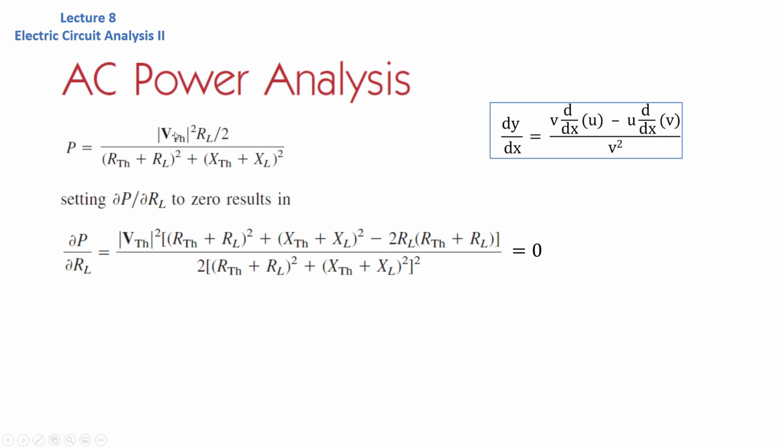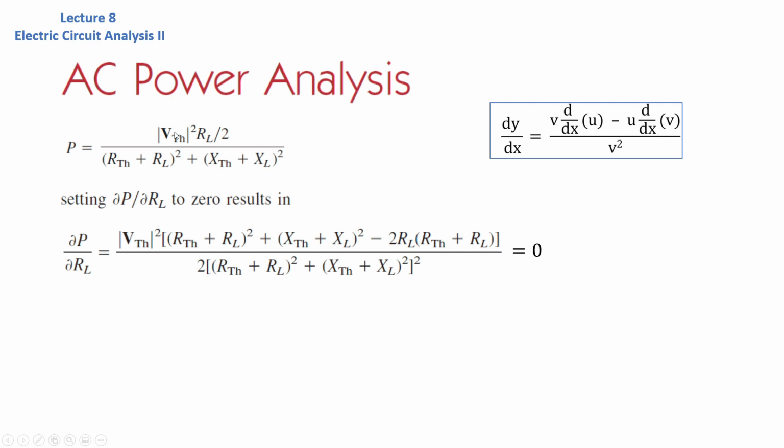So here in the numerator we have RL, which will vanish when we take the derivative, and we will have V Thevenin magnitude squared divided by 2. So we write this V Thevenin magnitude squared divided by 2 here, and then we will move to this term, and here we write the numerator as it is.